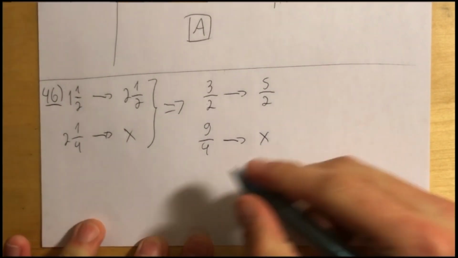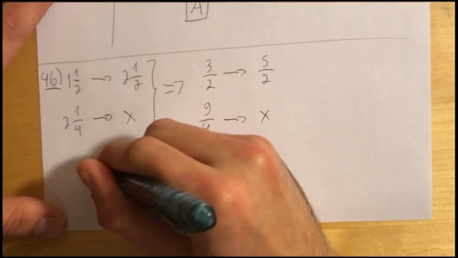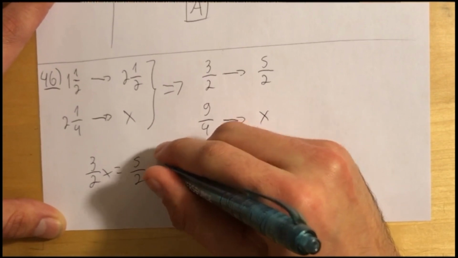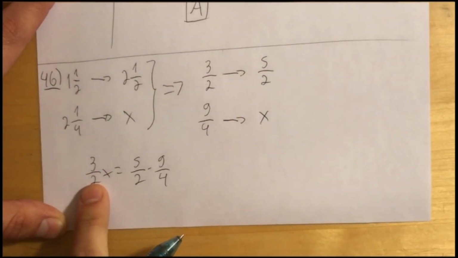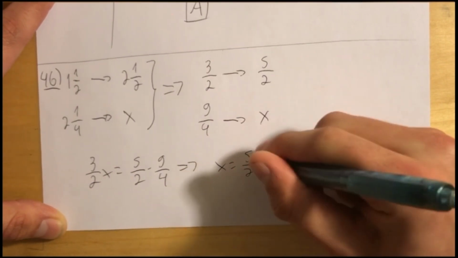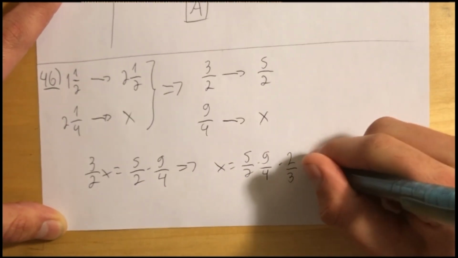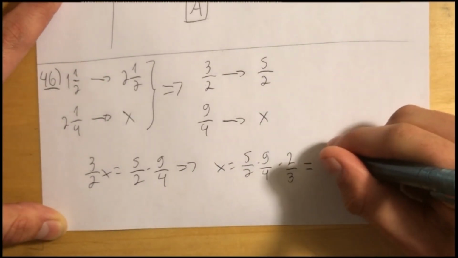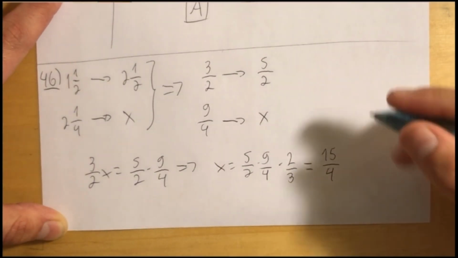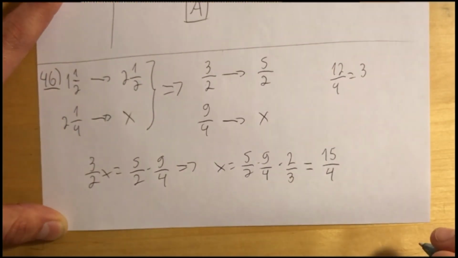So here we know that 3/2 x is the same as 5/2 times 9/4. Multiply both sides by 2/3, so we get x equals 5/2 times 9/4 times 2/3, which is 15/4. 15/4, we know that 12/4 is the same as 3.